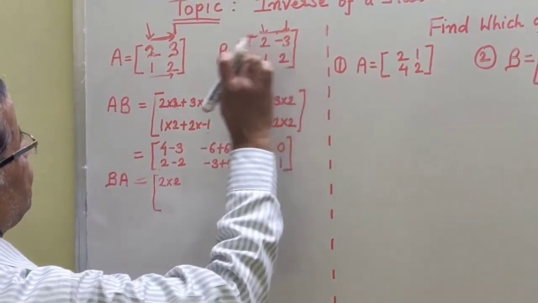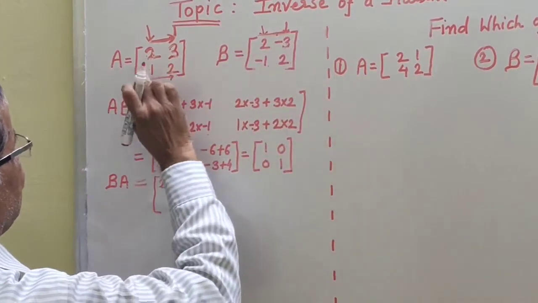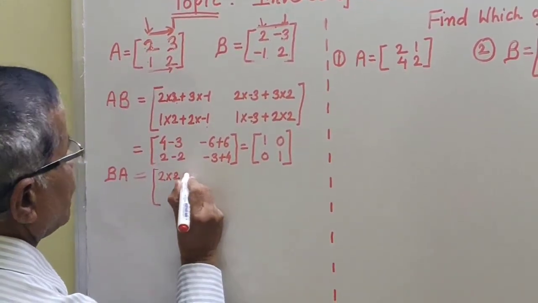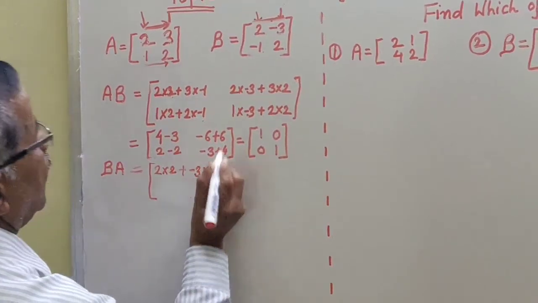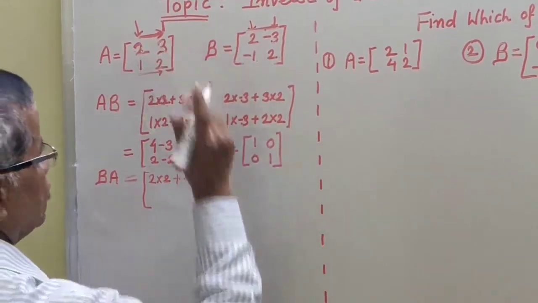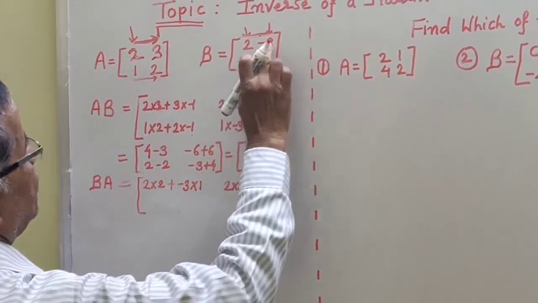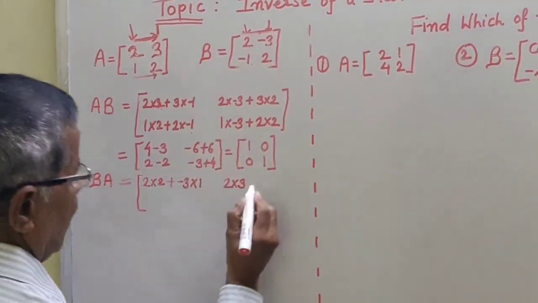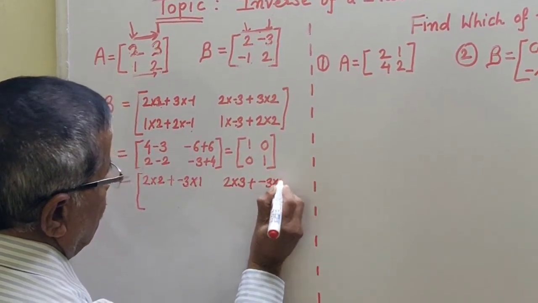Then minus 3 into 1 will come here, 2 into 3, then minus 3 into 2.